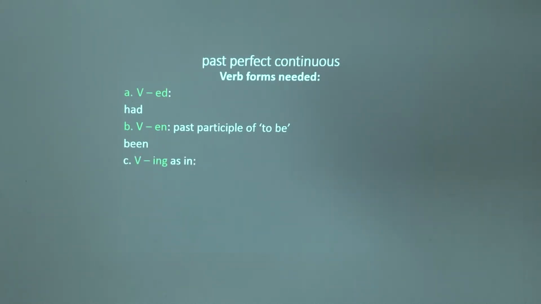And then you will need a verb in this form, the V-ing form of our verb, which is the progressive. Examples: eating, boasting, going, sleeping, clapping, dancing.